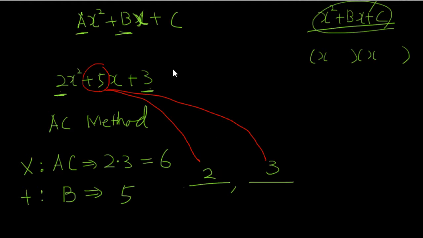So our next step would be rewriting this as 2x squared plus, instead of writing 5x, I'm going to write 2x plus 3x, and plus 3.